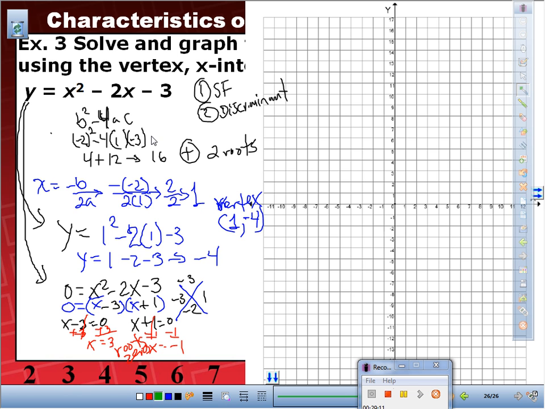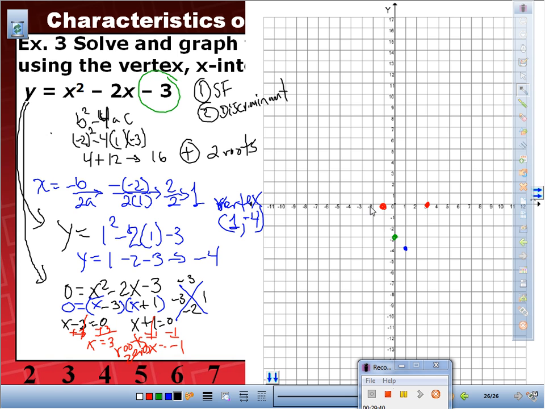The y-intercept is negative 3, and he got that from the constant of our equation, which is right here. Okay? The roots, negative 1 and 3. What's our vertex? 1 and negative 4.